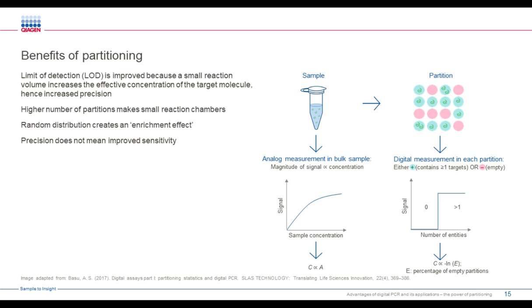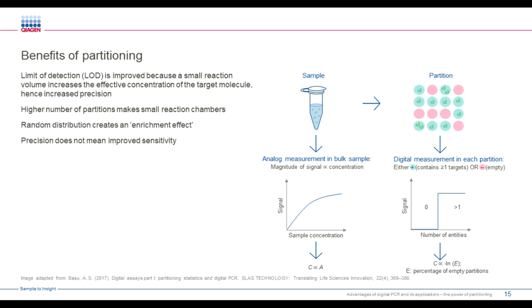So this random distribution is making this enrichment effect take place. But mark my words, just because we have a higher precision to amplify our target doesn't necessarily mean that this is more sensitive than a qPCR or a standard PCR, because these are still PCR technology, which means we are bound to the same principles.